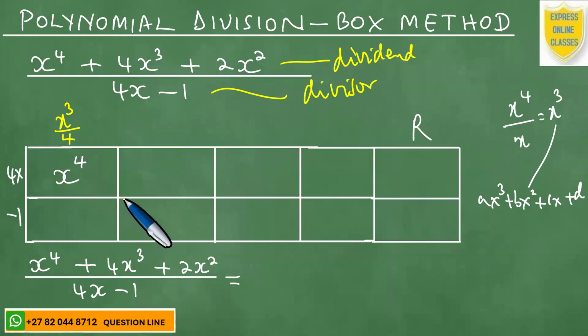That's what we're getting. If we multiply 4x by x to the third power divided by 4, we get x to the fourth power. Minus 1 times x cubed divided by 4 is minus x cubed over 4. Now we need to look at what term we need to put here so that the sum of this term with this would give us exactly 4.